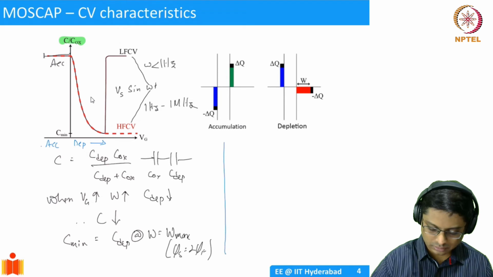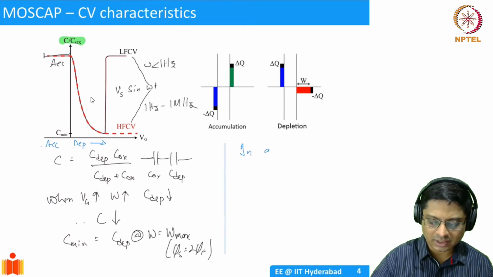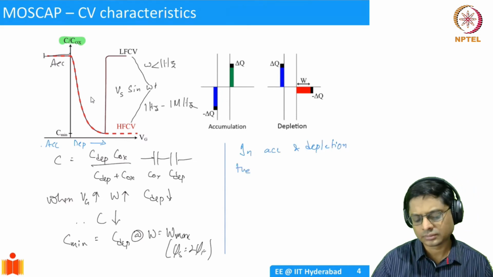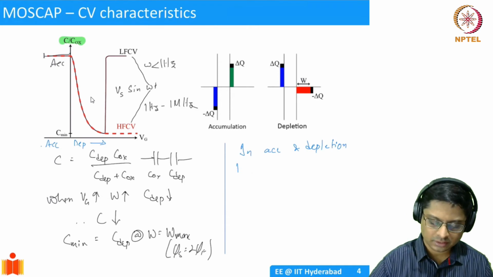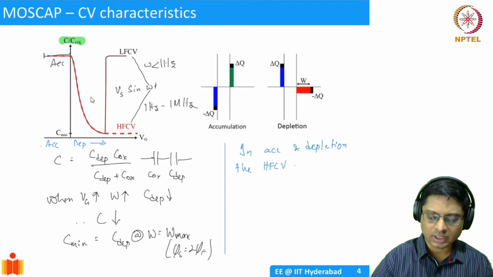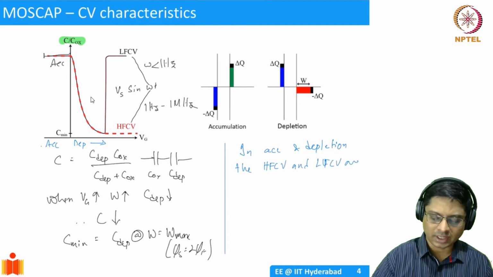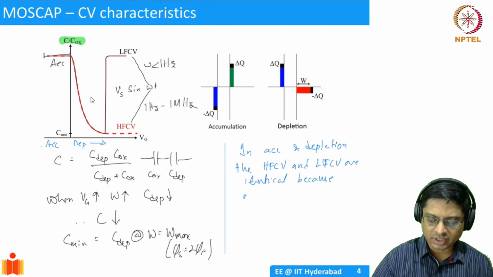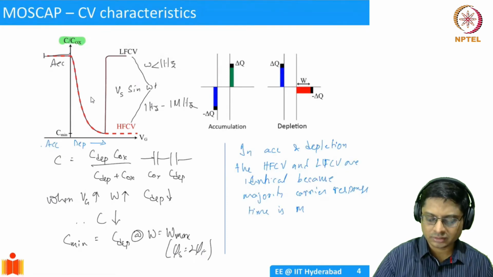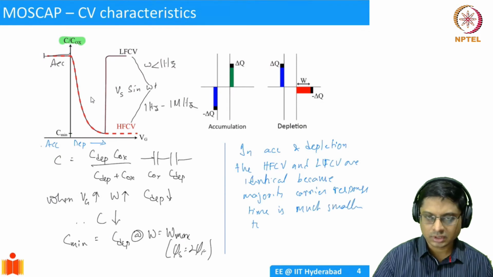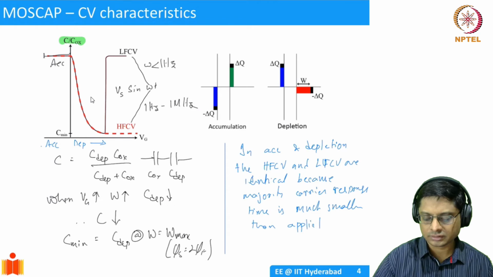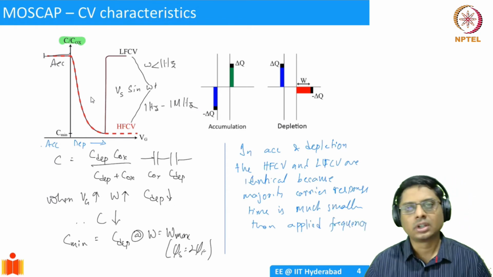So in accumulation and depletion, HFCV and LFCV are identical because majority carrier response time is much smaller than the applied frequency.